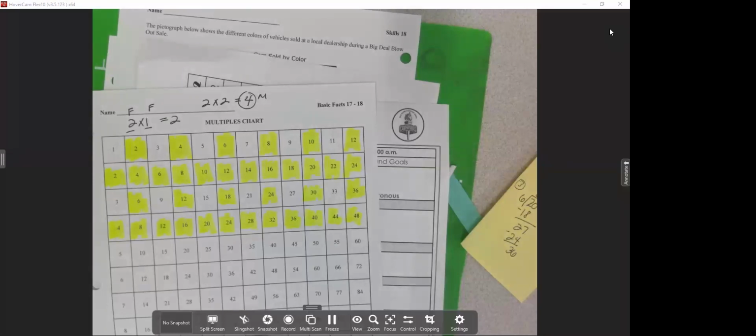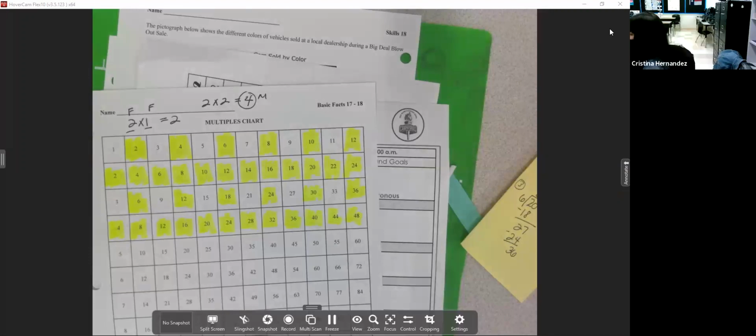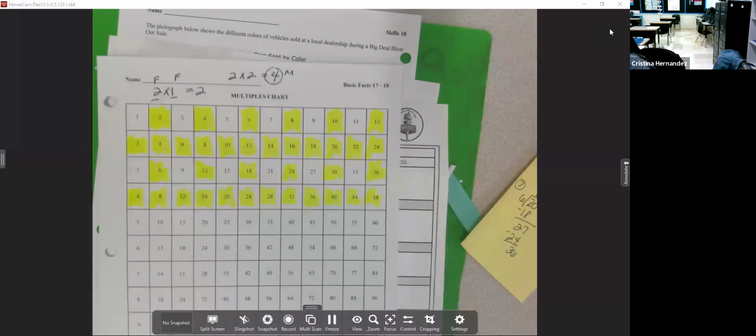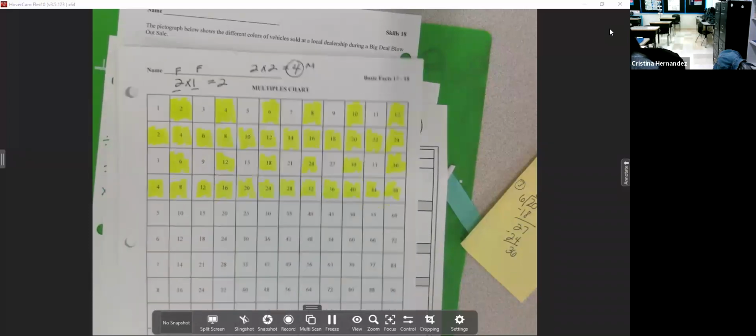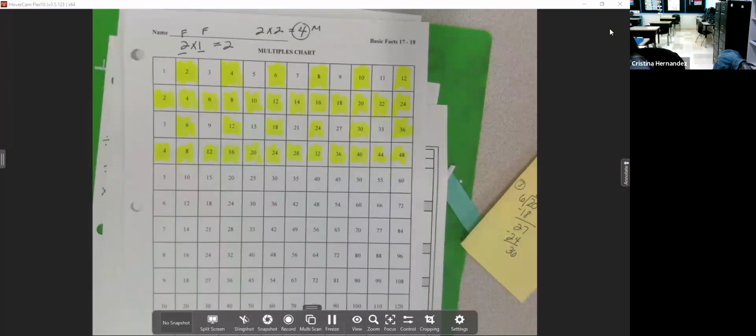I think that's all we're gonna do, because if we color in this, or we can color in more if you want to. Do you want to color in more factors? There's a lot that are gonna be yellow.